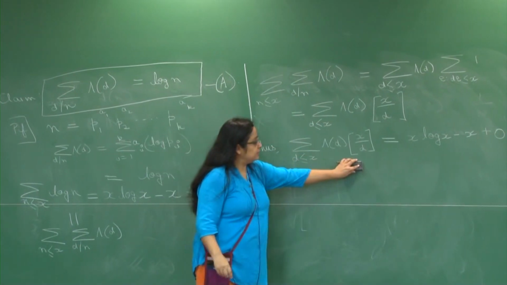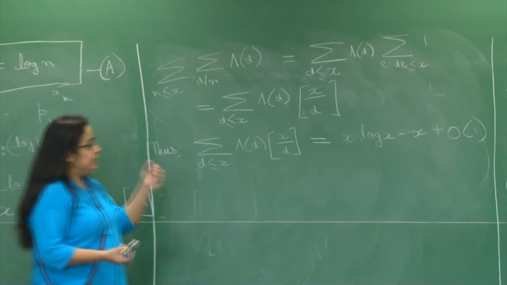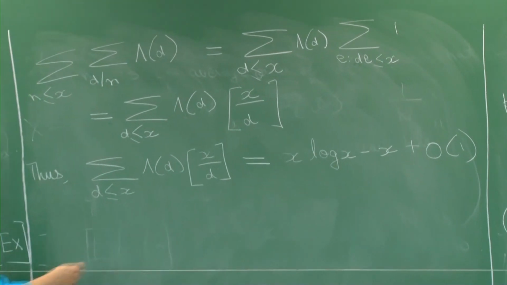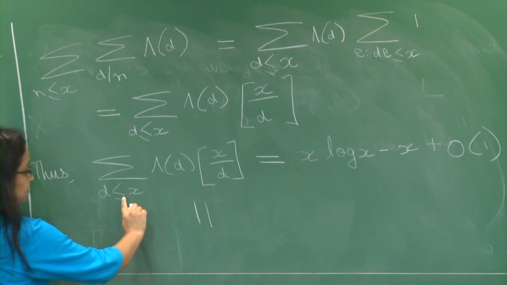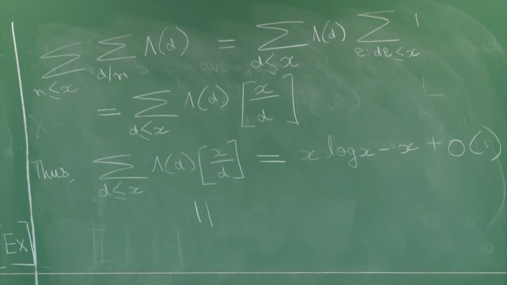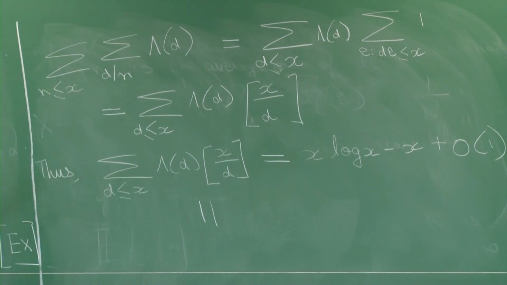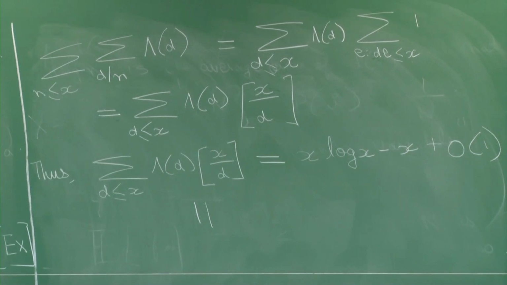Now, let us study this more carefully. Lambda of d is picking up logarithms at prime powers. So, this sum now, what does it do? Let us break this down into two parts. One is just going over the primes and the other one is going over prime powers p to the k, where k is at least 2.